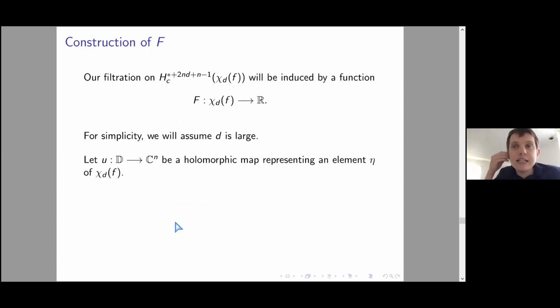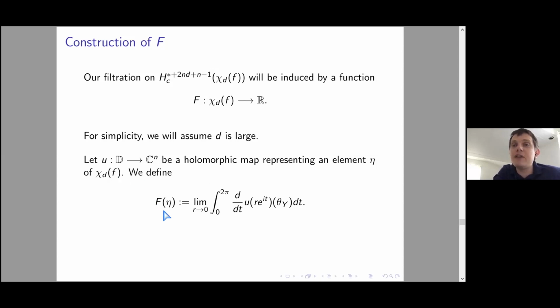So what I do is I take a holomorphic map representing any element eta of my jet space, chi d of F. So the D jet of U is representing an element of this space. And then I define F of eta to be this limit. What is this limit? This jet is represented by a little holomorphic disk in Cn.